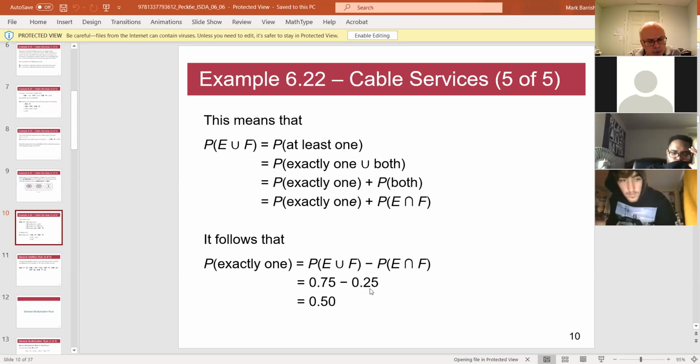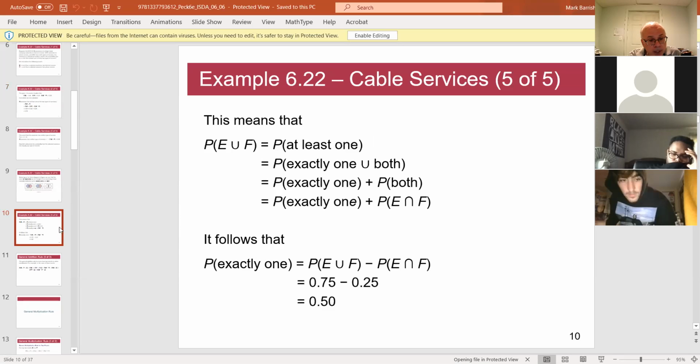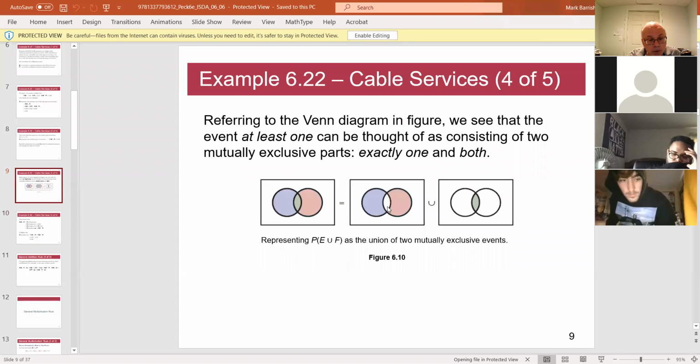Now you might say to yourself, wait a minute, didn't we already subtract to get the 0.75? Isn't that the E or F? Well, yeah, because what we eliminated there is the double counting. Here, we're eliminating not only the double counting, we're eliminating what's in the middle totally.